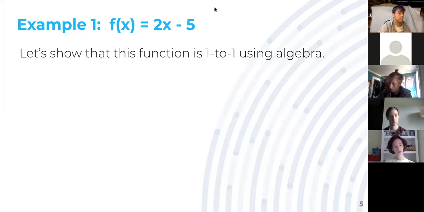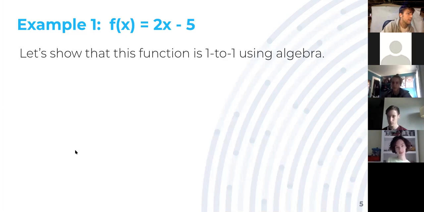So let's first look at this function right here and just show that it is in fact a one-to-one function. So we have f of x equals 2x minus 5, and we're going to show that that is one-to-one.